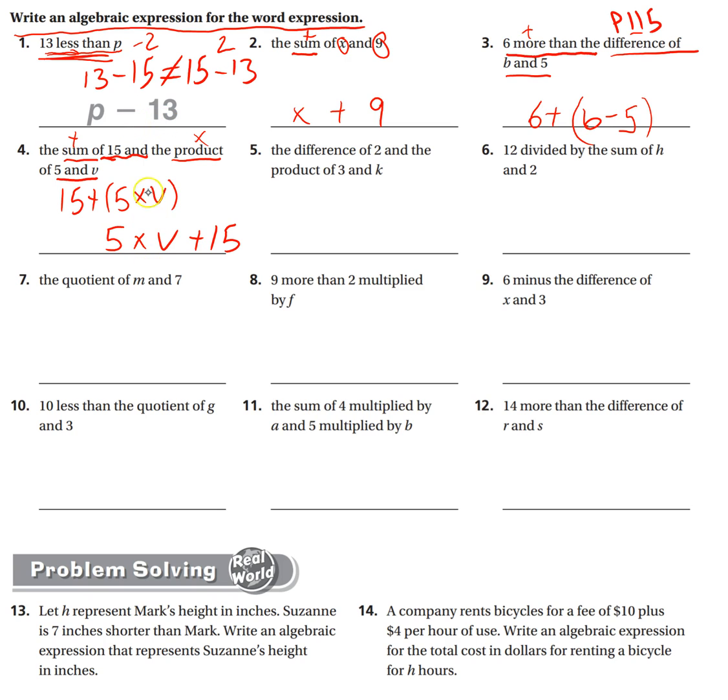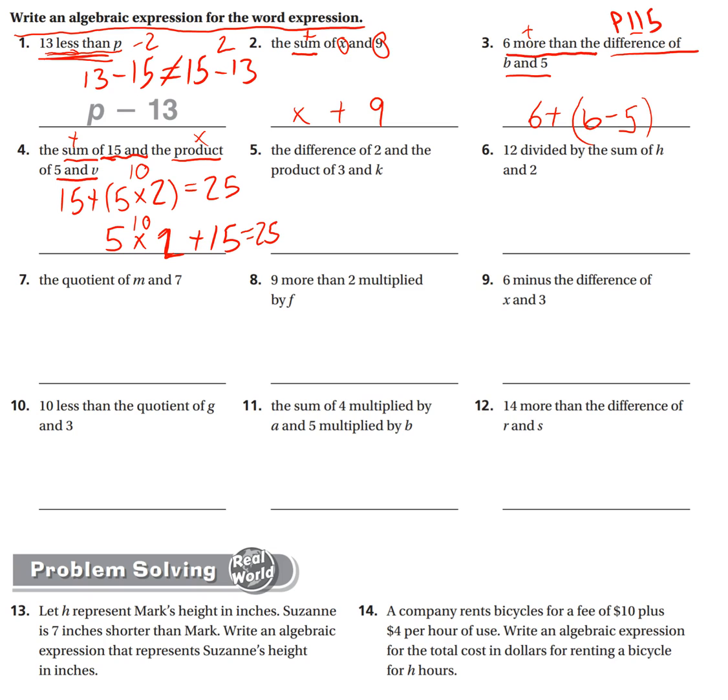Now on number 4, though, let's say we plug in 2 for v. If I do it this way, I do parentheses first. This is going to be 10. 15 plus 10, that equals 25. And then if I plug in 2 for v down here, the order of operations says I do multiplication first, so I'd get 10 plus 15, and I would still get 25.